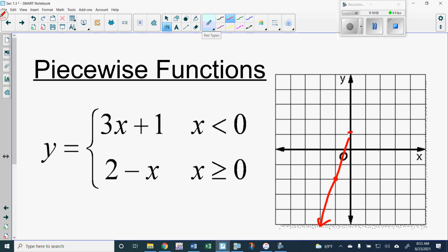So that is here. And there. I can't count. So there is my piecewise function. Okay.